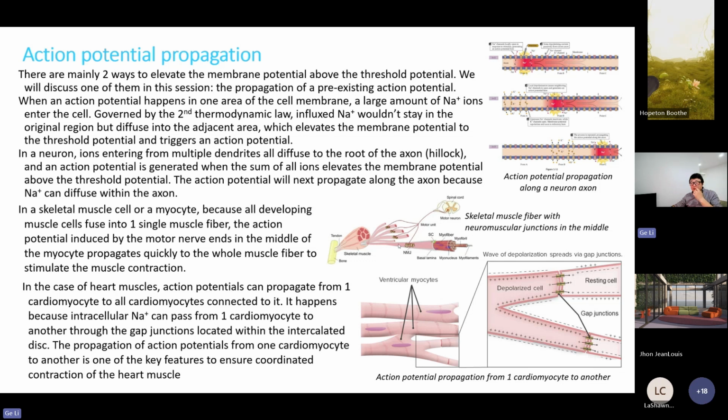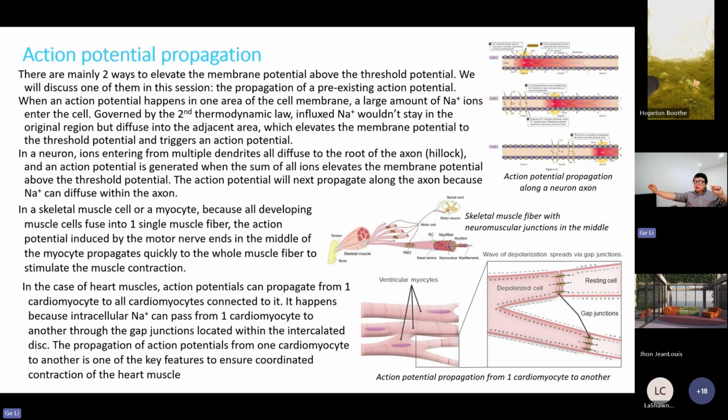In the case of a skeletal muscle, it also can happen because if you remember, we compared the skeletal muscle to the cardiac muscle. In skeletal muscle, all the cells fuse into one single fiber, and there's no membrane to separate sections within one muscle fiber.